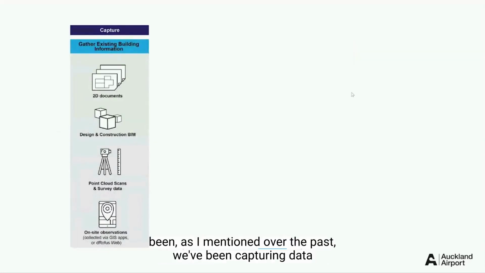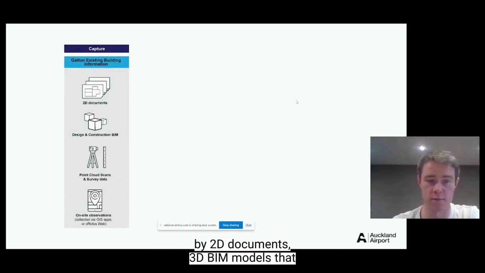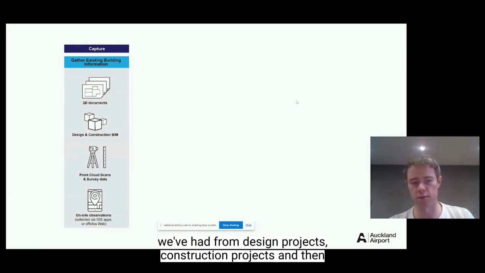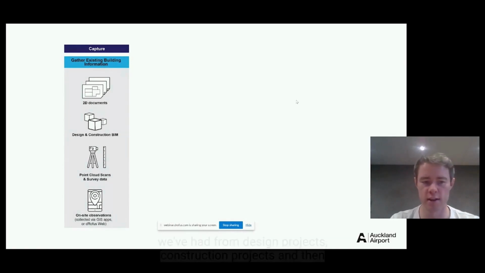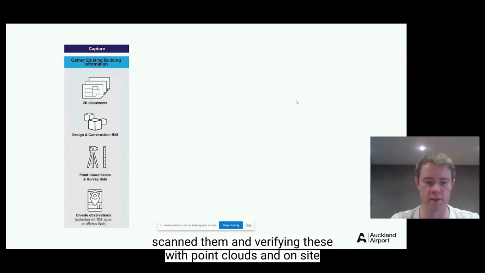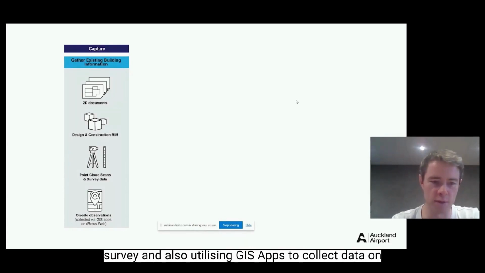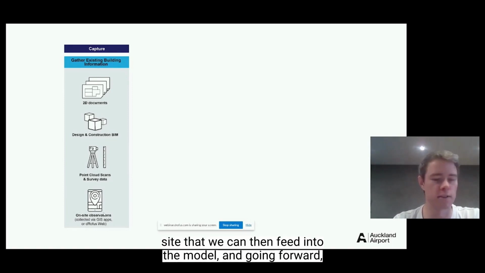As I mentioned, over the past years we've been capturing data by collating 2D documents and 3D BIM models from design and construction projects, then scan-to-BIM, verifying these with point clouds and on-site survey, and also utilizing GIS apps to collect data on site that we can then feed into the model.